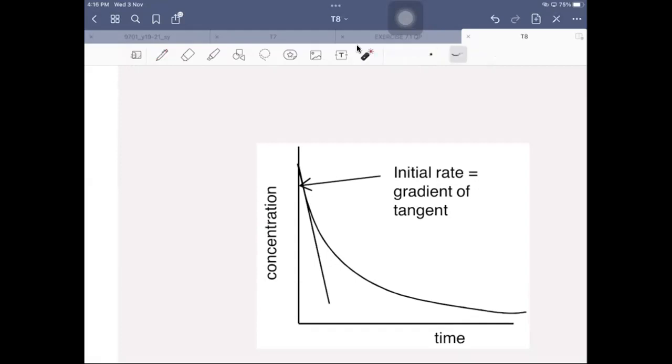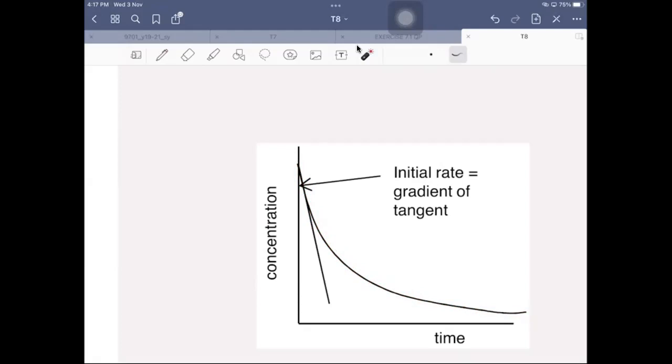Without looking at the equation, I can already tell that this graph belongs to a reactant because I'm starting at a certain amount, and then over time my reactant is decreasing until I eventually reach a constant line, a straight line, or a plateau. A plateau is just a line that's not changing.